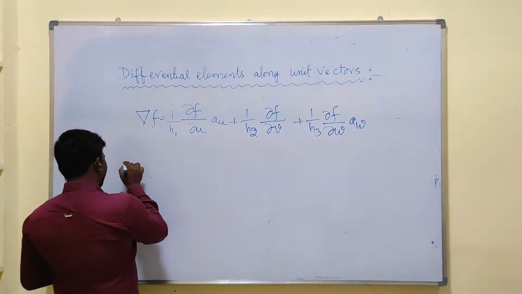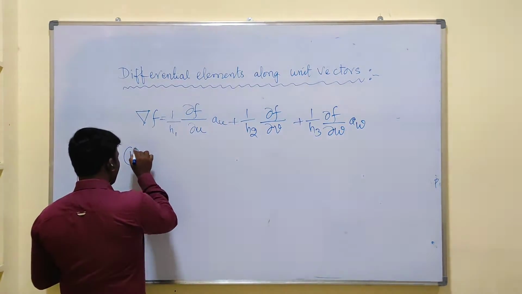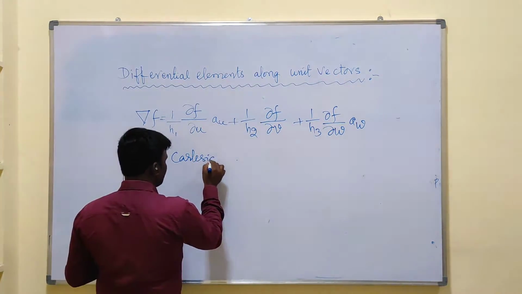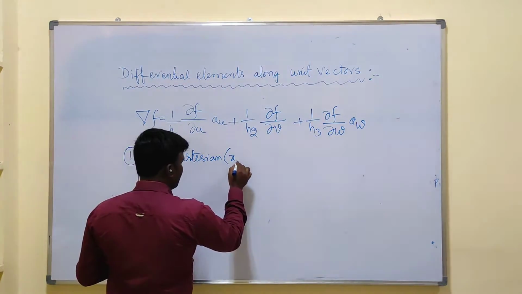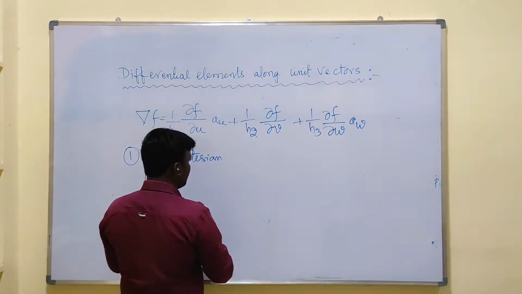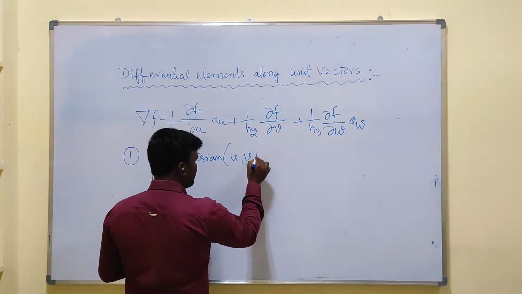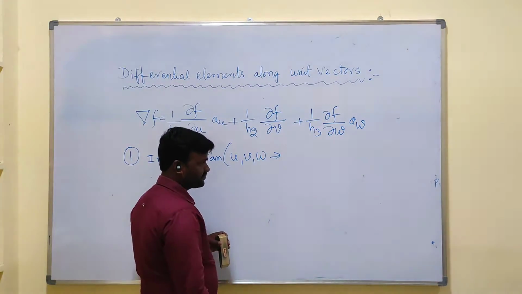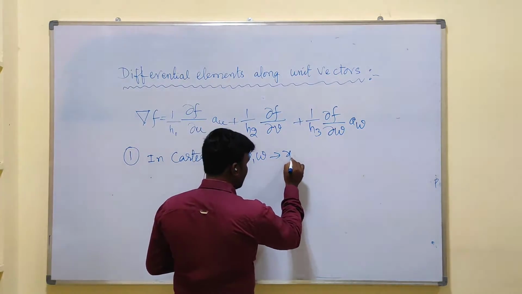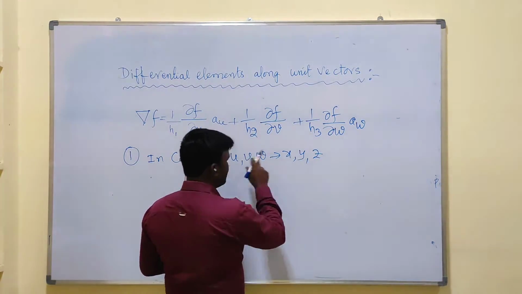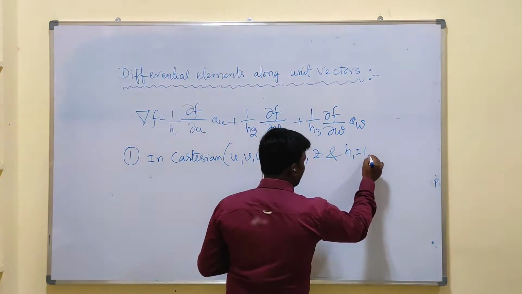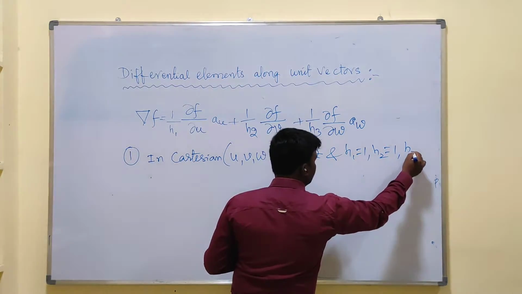Now I can write this for the Cartesian coordinate system. In the Cartesian coordinate system, what are the elements? x, y, z, so u, v, w are replaced with x, y, z respectively. That means u is x, v is y and w is z. And H1 is 1, H2 is also 1, H3 is equal to 1.